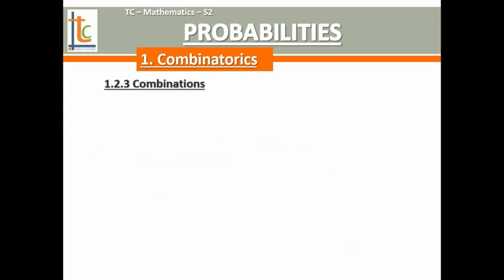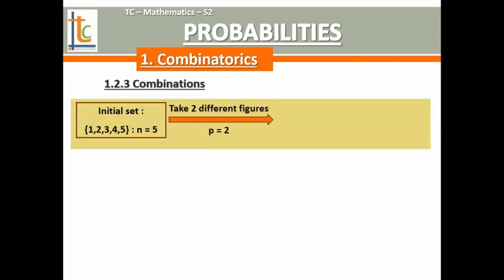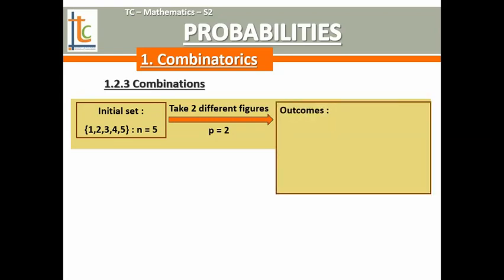Now let's see a third case that is named combinations. This time you've got your initial set, but you just want to take two different figures. You don't want to form numbers, so this time it's just as if you want to take two different objects into your initial set and just note the objects that have been taken without any order.